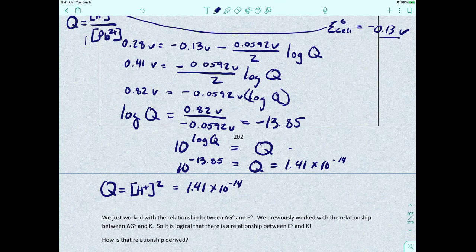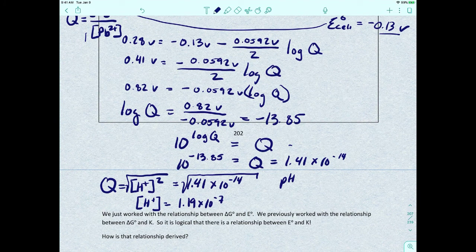And so if you take the square root of both sides, you're left with that the concentration of H+ is equal to 1.19 times 10 to the minus 7th. Now, if you remember, pH is found by taking the negative log of the concentration of H+ ions. If we take the negative log of the concentration of H+, the pH is 6.93.